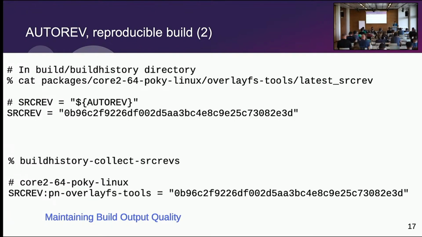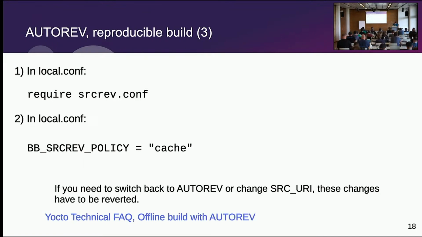So what you can do is save this file, not only the one I just showed you from the OverlayFS tools, but from all the AUTOREV software you use. Save it to, for example, sourcerevision.conf and include that in your local.conf. That way, you at least have a way to reproduce your build afterwards.